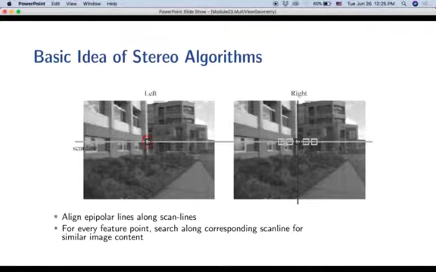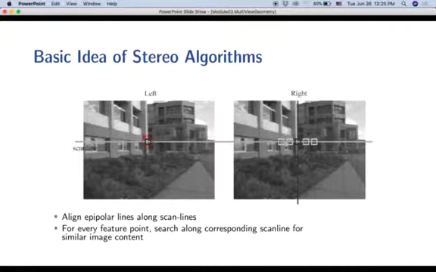And then what we do is we try to find where it is along this line by doing matching. We try to match that scene content to where it matches best, and we have not done matching algorithms yet. We will do that, but we try to find where it matches best, and then we say, well, that much is disparity. The offset from the location of that point is disparity, and that's inversely proportional to distance.